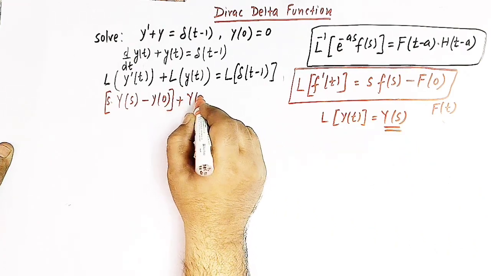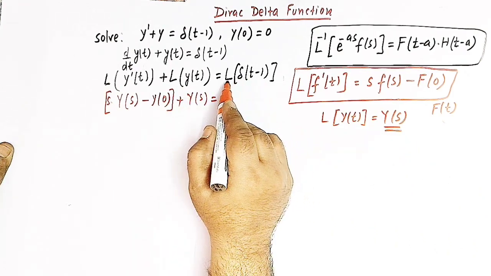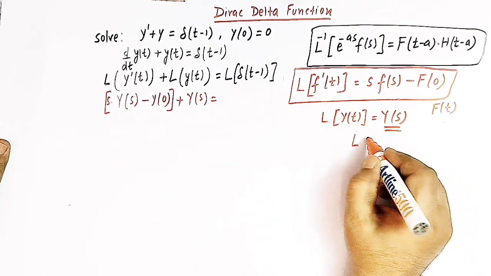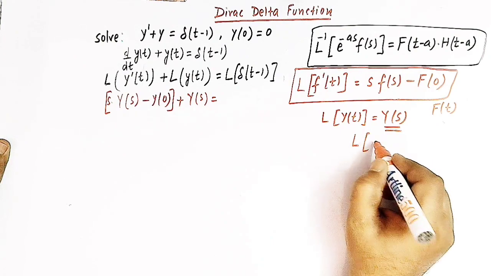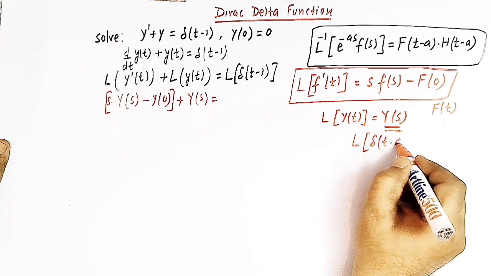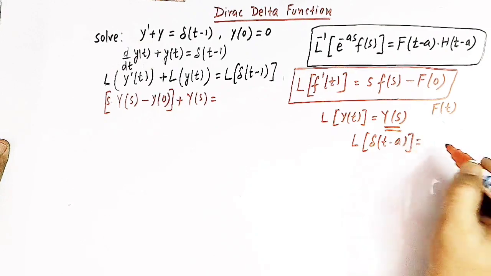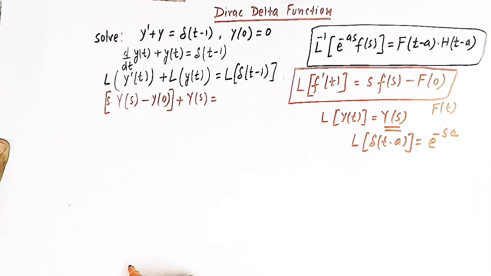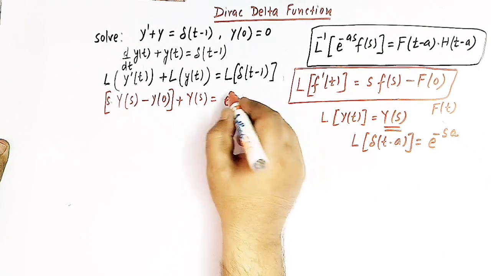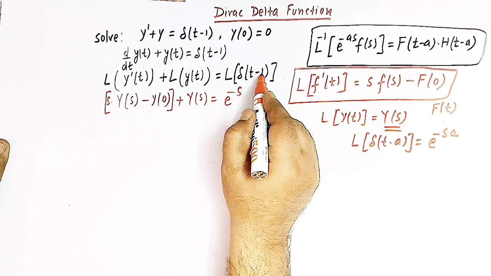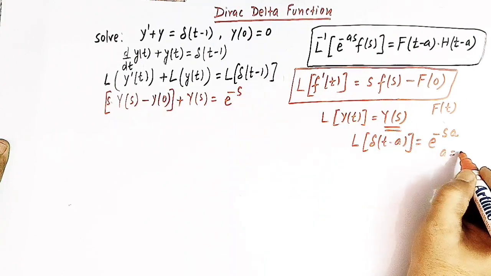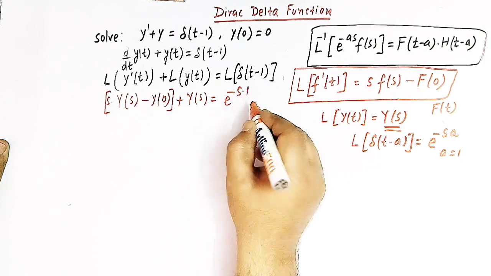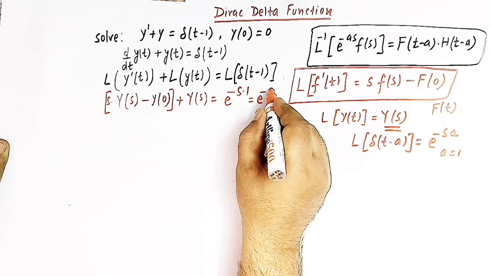Here we have the Laplace transform of the delta function, and we know that the Laplace transform of delta of t minus a is given by e raised to minus s times a. For a we take the value 1, so this is e raised to minus s.